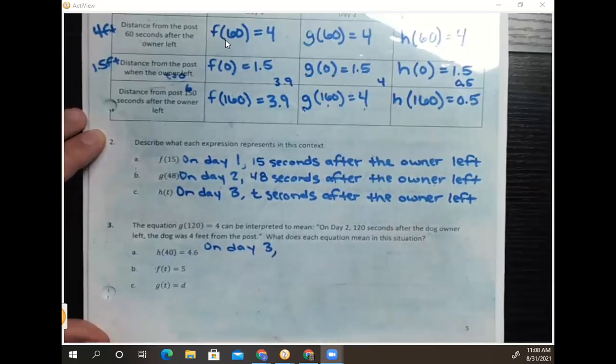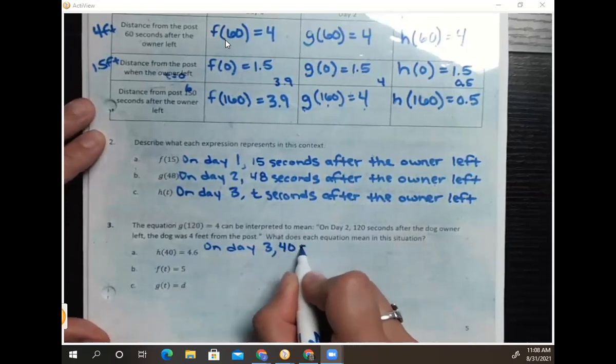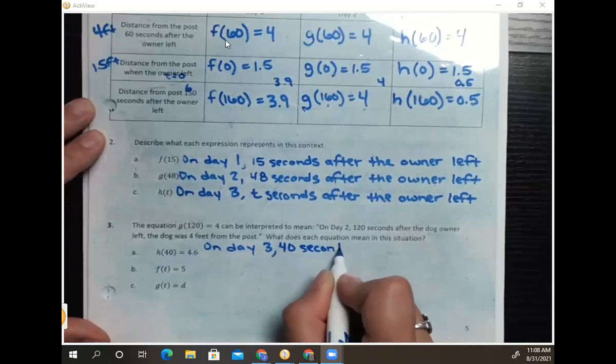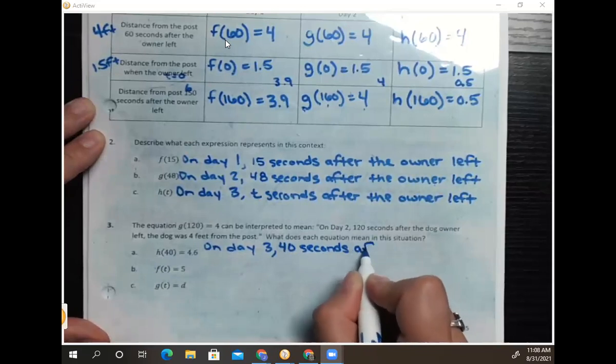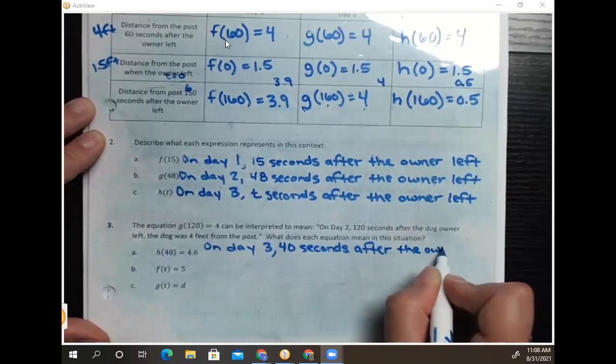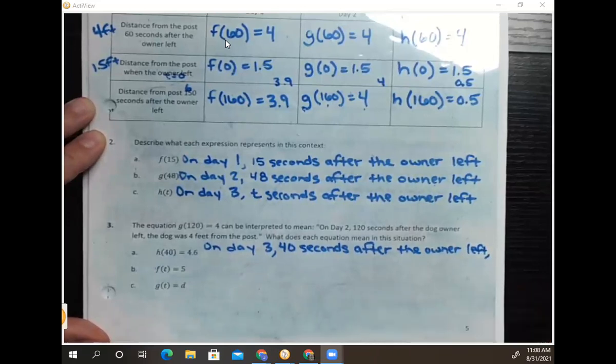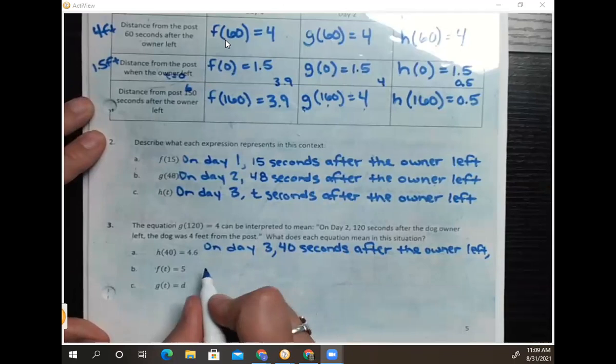What's the 40? The number of seconds? 40 seconds after the owner left. And then 4.6 would be the feet that the dog was from the post.